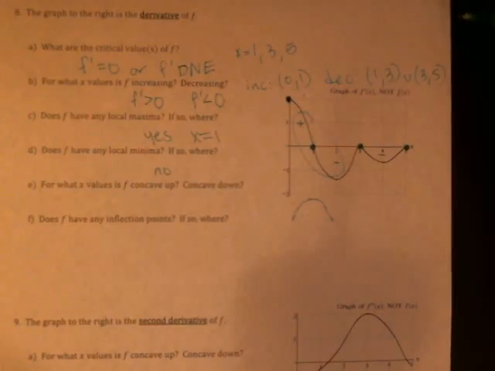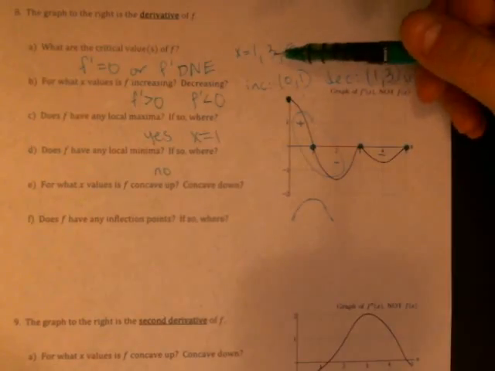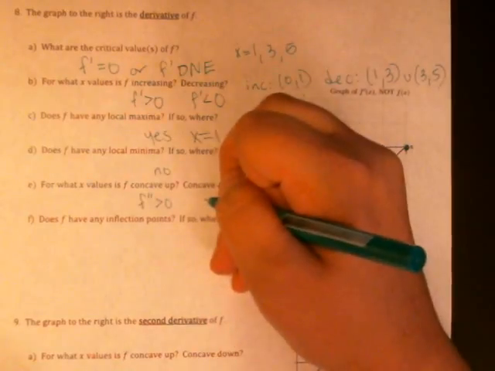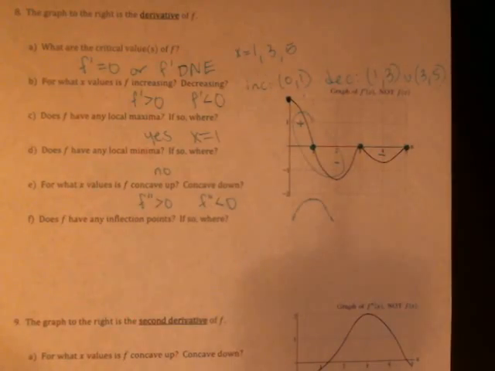Okay, and then last thing, looking at f prime, can we figure out when the function is concave up or concave down? So concave up means the second derivative is positive, concave down means the second derivative is negative. So this one I think is often the trickiest for people.